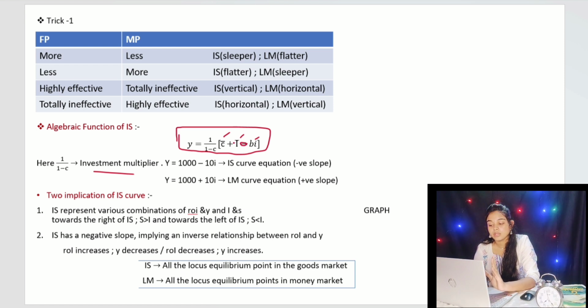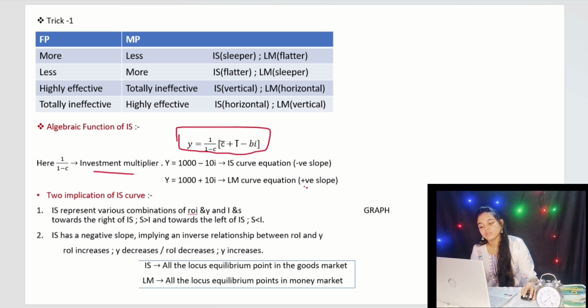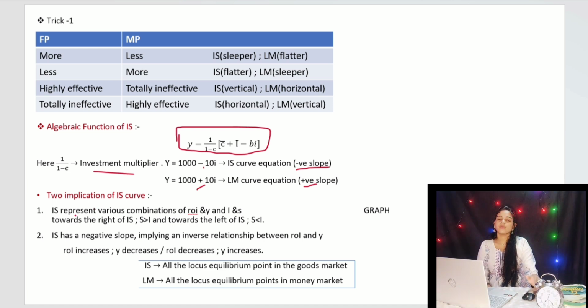In the case of IS, as it is negatively sloped, the minus sign is in the equation. And in the case of the LM curve, the slope is positive, so before the induced investment the sign is positive. IS represents various combinations of rate of interest and income, and also investment and saving.